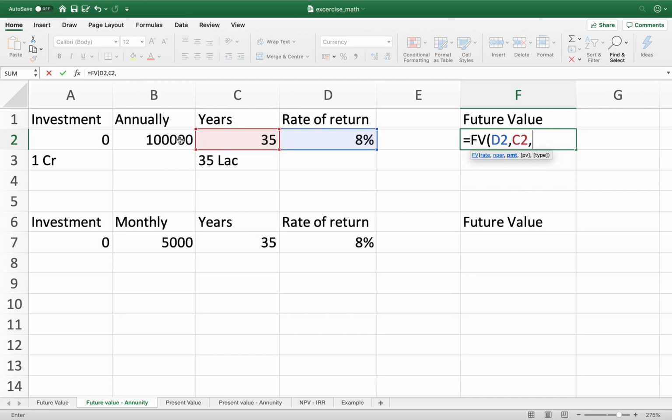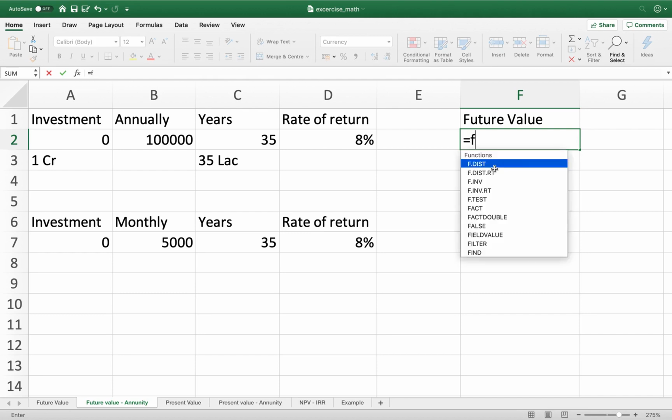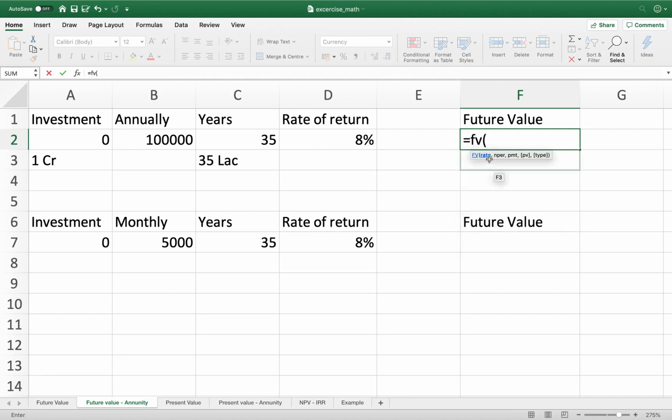Then there is the payment every year. The payment is 1 lakh every year, right? And then the present value is 0, because what we are going to do is give 1 lakh rupees every year. The rate is 8%, and then the payment, and the number of years is this.